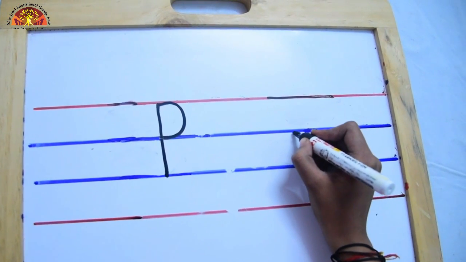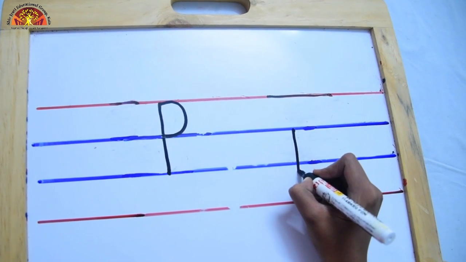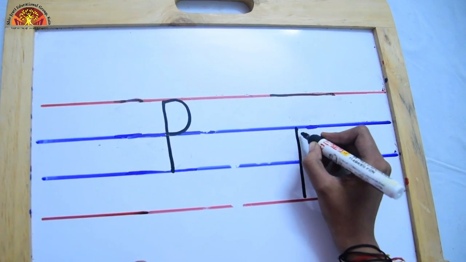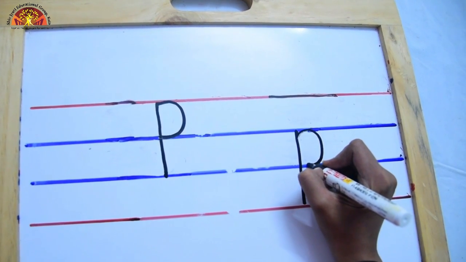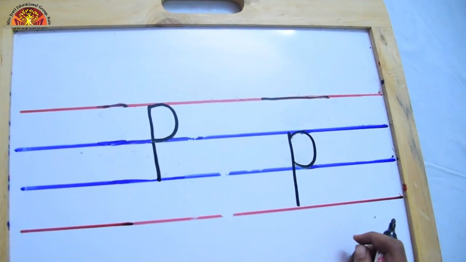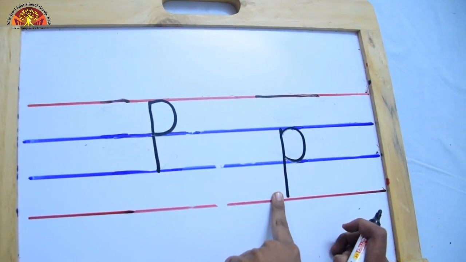Draw one standing line, then small curve like this. So this one is capital letter P and this is small letter P.